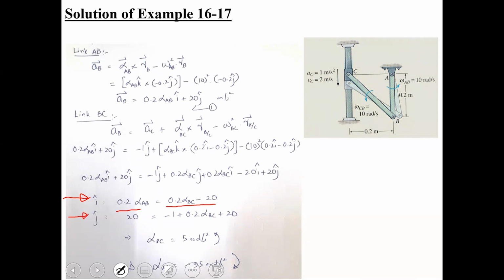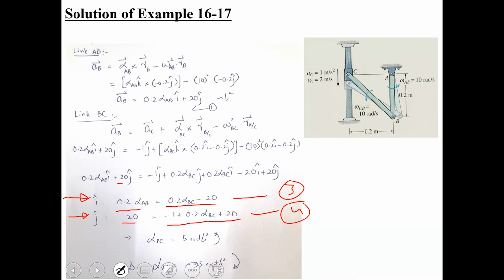Once you compare the j coefficients, 20 on the left hand side with j would be equal to minus 1 plus 0.2 alpha BC plus 20. So how many unknowns are there in these two equations, 3 or 4? इनमें कितने unknowns हैं? Sir, two unknowns. We have two unknowns, the angular accelerations of length AB and length BC.